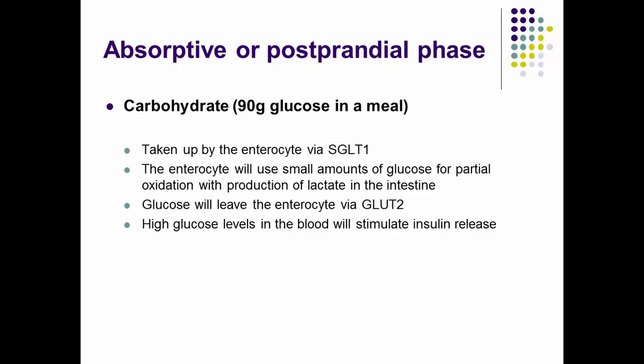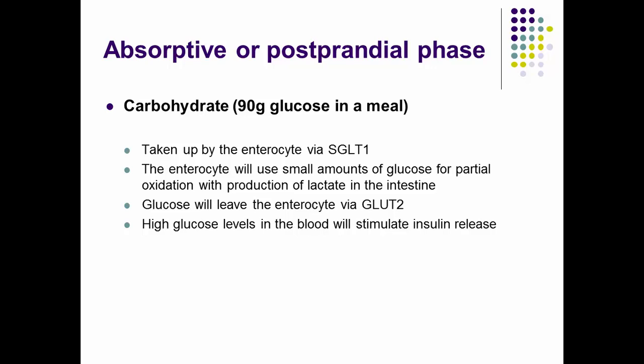Usually we know that our body digests the carbohydrate and picks it up, first of all, in the enterocytes in the small intestine, by glucose transporters, right? SGLT1 is the glucose transporter located in the enterocytes, and it picks up the glucose.